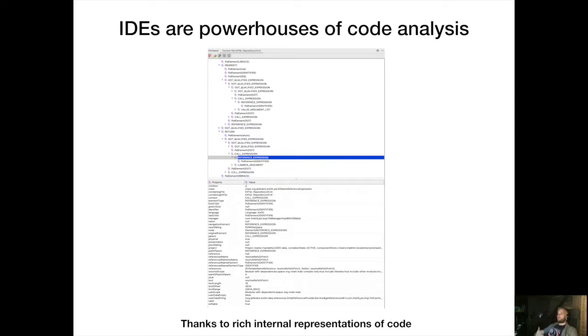For example, the IntelliJ platform and its IDEs like PyCharm, WebStorm, or IDEA all rely on so-called PSI, which is a program structure interface. It is a tree-like representation of the whole project, from directory structure down to elements and code, that powers most of the refactor and analysis features.